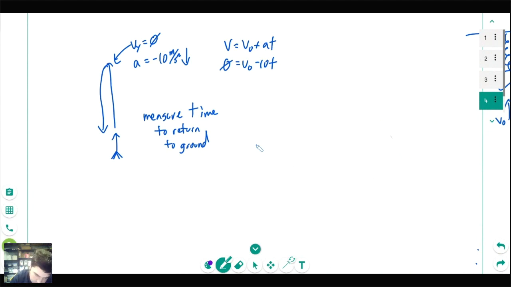So this t is time to go up. T up is 1/2 t total, and solve for v naught that way. Do it many times and then average them together or something like that could work too. But there's another possible method of doing it in there.